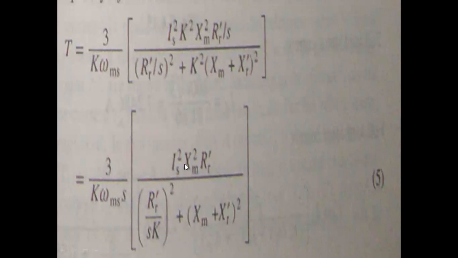See here, no k squares, here only k, so that's why we have to divide it with k square, and here k square will get cancelled, and s also brought out, divided by s becomes denominator, here also s will be there.